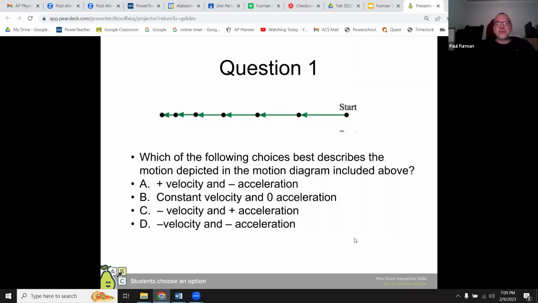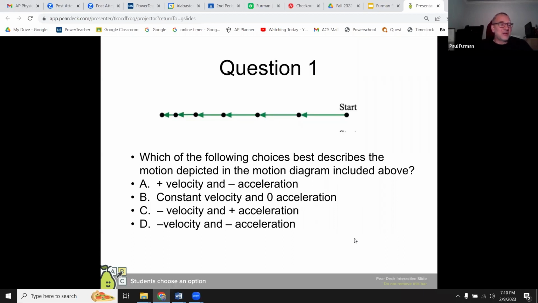The first multiple choice question here asks you to describe the velocity and the acceleration of this object. Note that the object is moving to the left, and it looks like the dots are getting closer together as it moves.